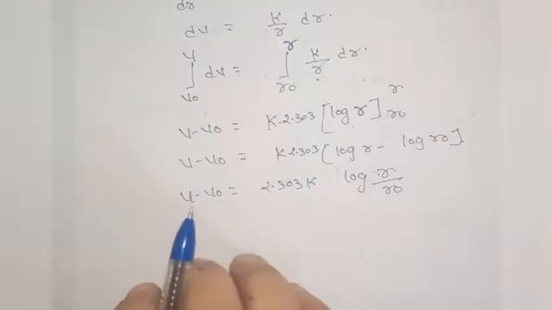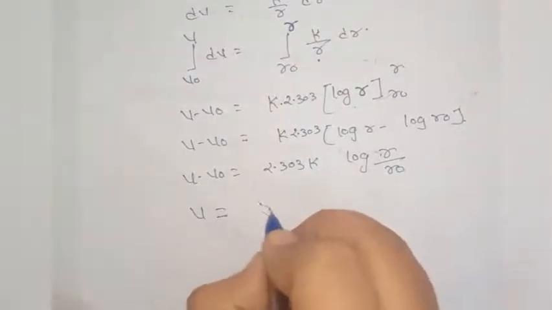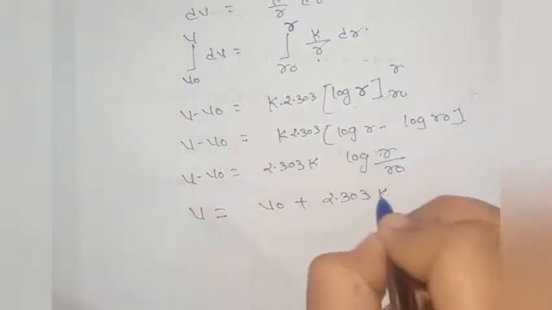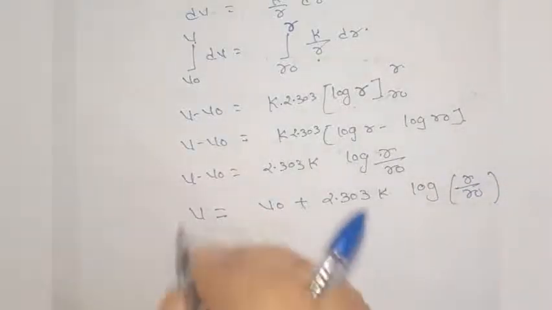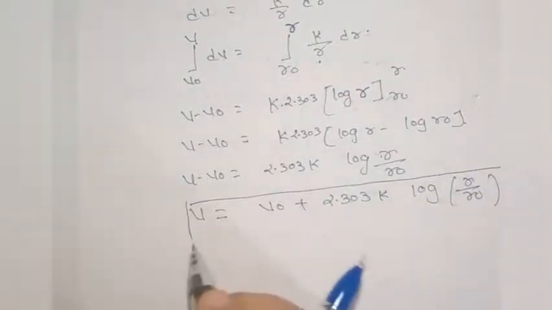So the expression of potential will be V equals V naught plus 2.303 k into log of r divided by r naught. So this will be our final answer.